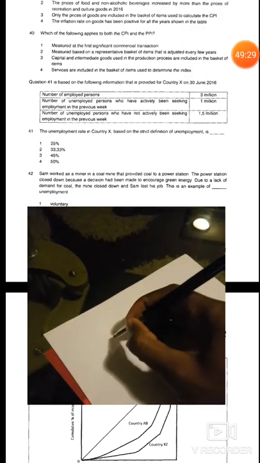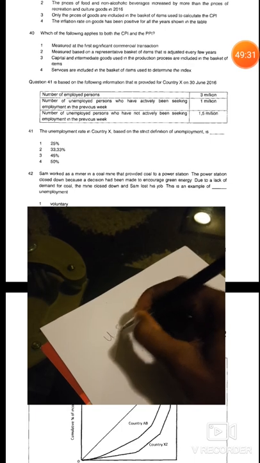So let's put it: unemployment on the strict definition is equal to the number of unemployed looking for a job divided by the number of unemployed looking for a job plus the employed people, times 100.